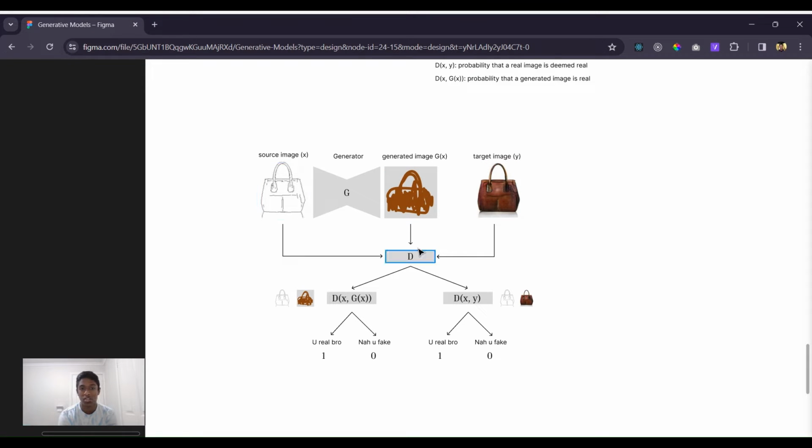Then we pass these images to the discriminator, and we get two probabilities: whether the discriminator thinks the generated image is a real image, and whether it thinks that the real image is in fact a real image. So this is the discriminator architecture. If you watched the last video, you would understand this. Let's now go into what the problem with this architecture is and how we can solve it.